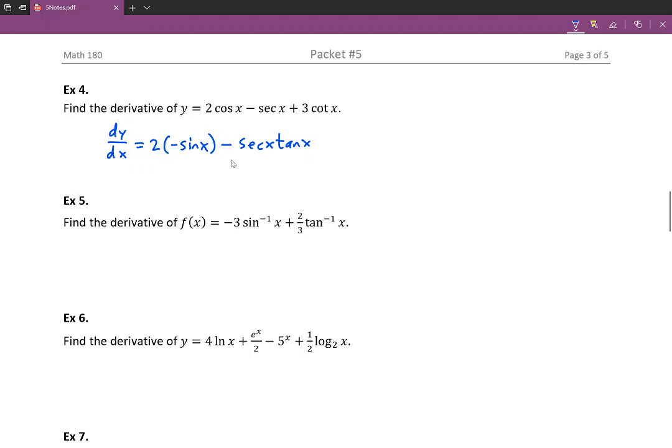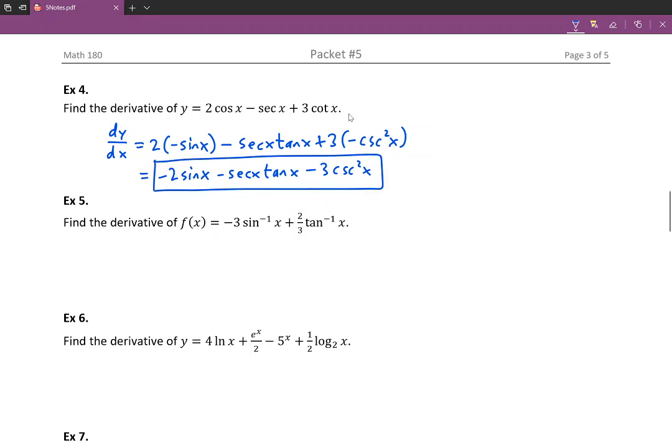Then we have plus 3 times the derivative of cotangent x. And the derivative of cotangent x we know is negative because it starts with a c. Cosecant squared x by the same mnemonic. Now the only thing left to do is maybe clean this up a little bit. So negative 2 sine x minus secant x tangent x minus 3 cosecant squared x. And there's the derivative of that function.